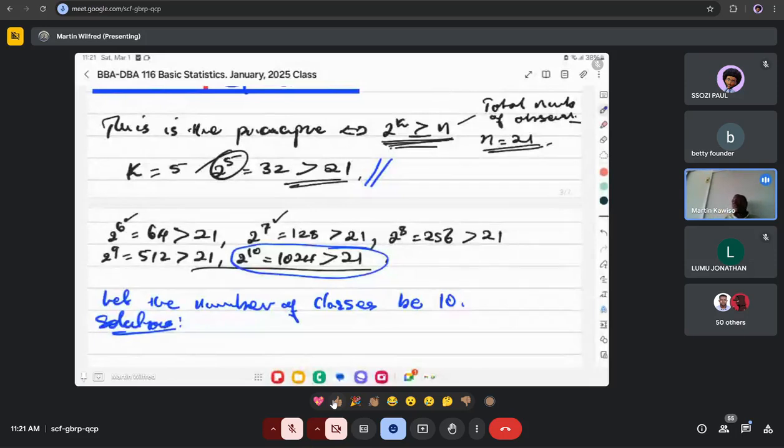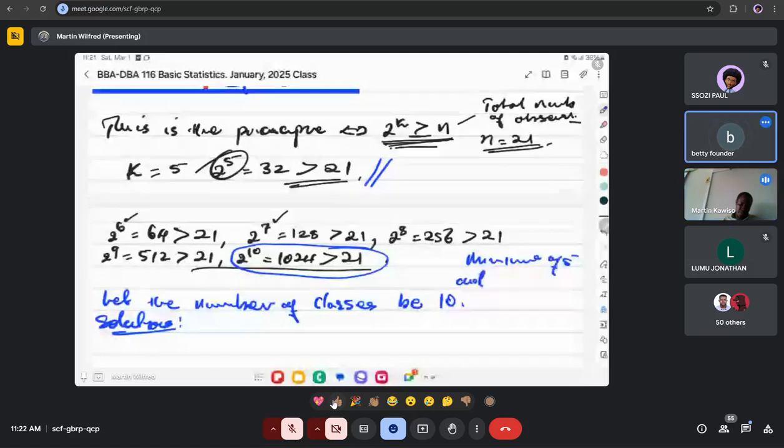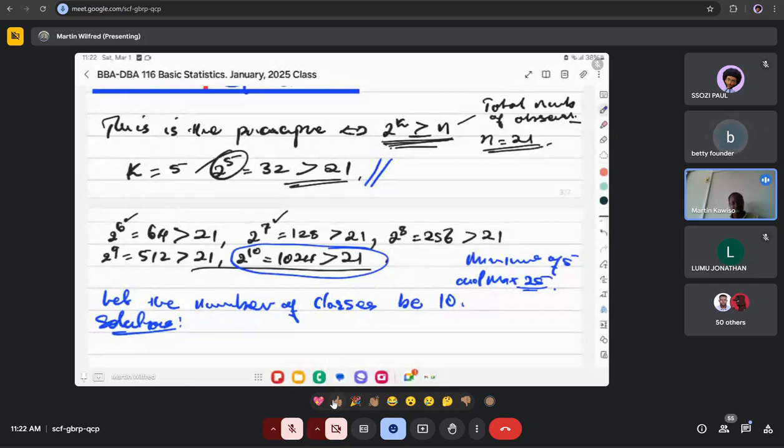Now, when we are coming up with the groups for quantitative data, we expect a minimum of 5 and a maximum of 25 classes, depending on how big a data set is. If it's small, we expect it to be 5.